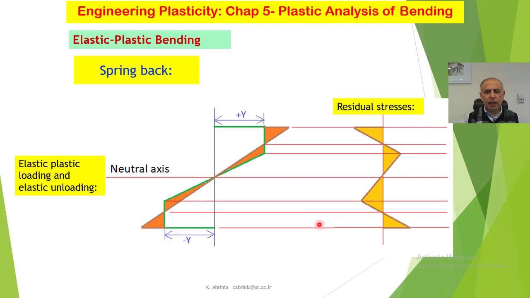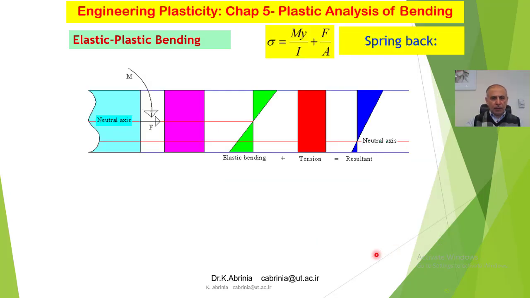We can reduce these kinds of things by the method that I'm going to explain now. Now, if we apply a tensile stress, a tension on this axis, in addition to the bending moment, then this force F on the cross section causes a tensile stress.